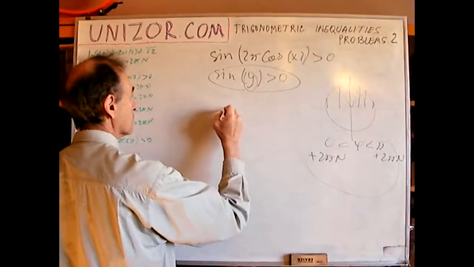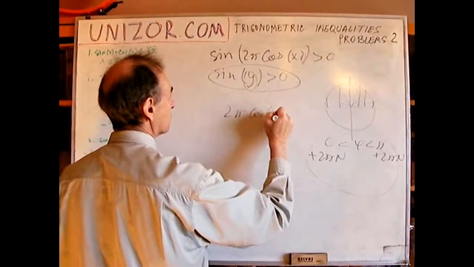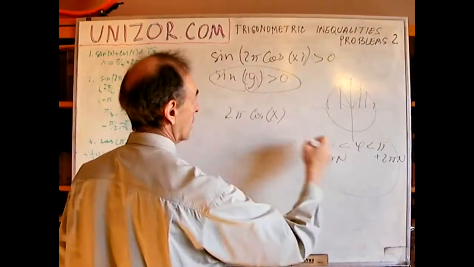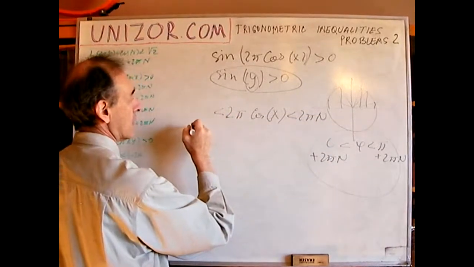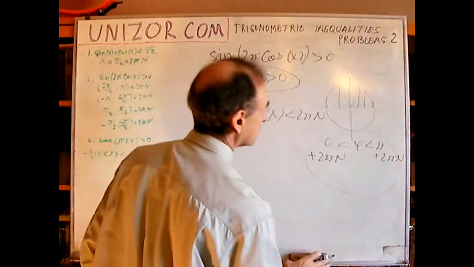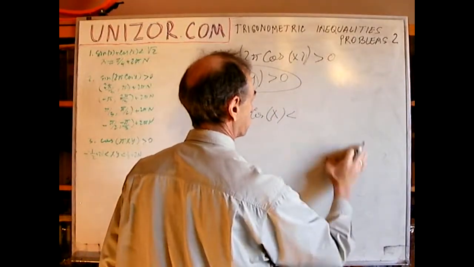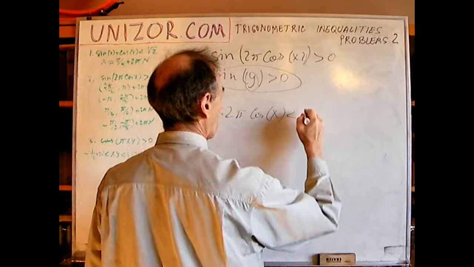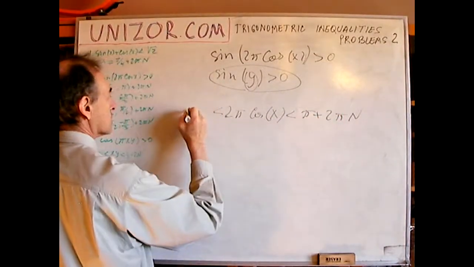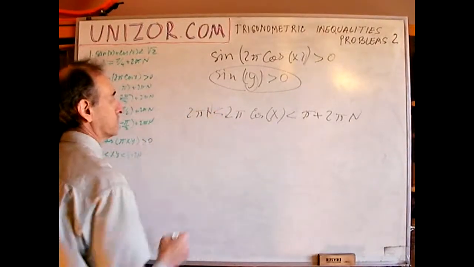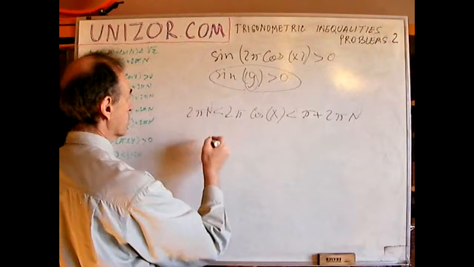So what I want to say is that 2 pi cosine of x should be greater than 2 pi n and less than pi plus 2 pi n. Right? Well, obviously we should reduce by 2 pi.